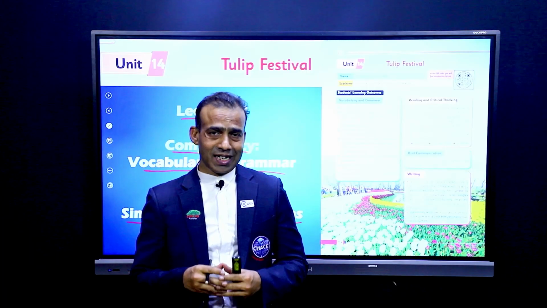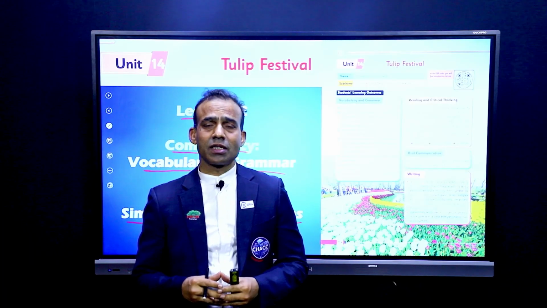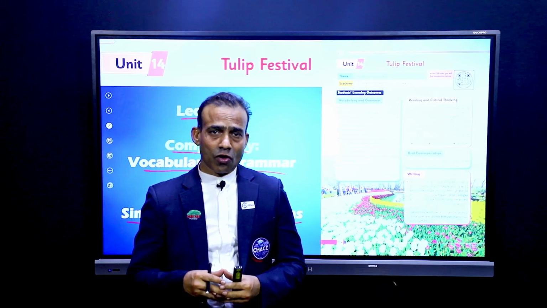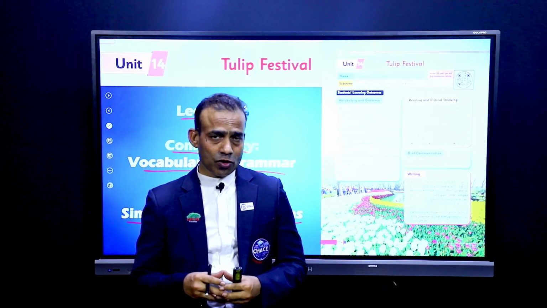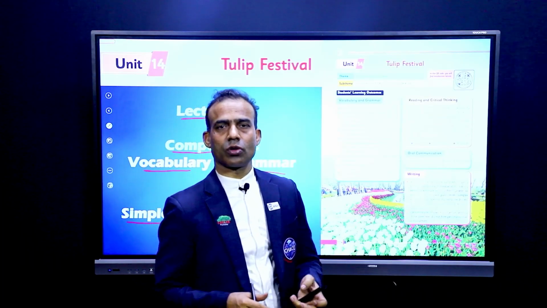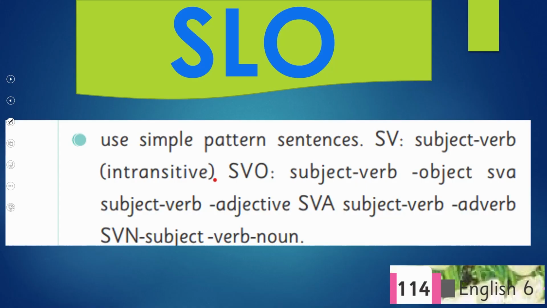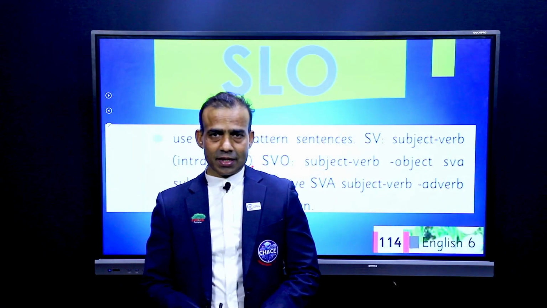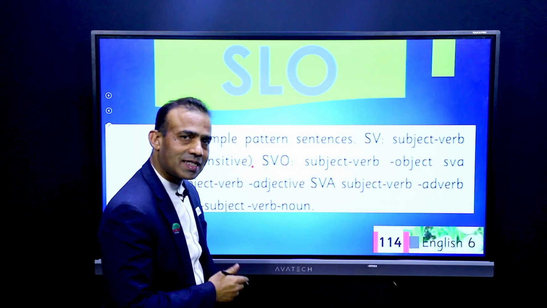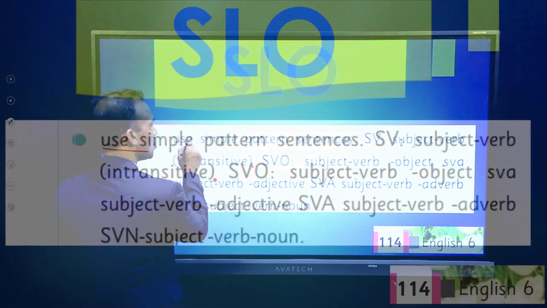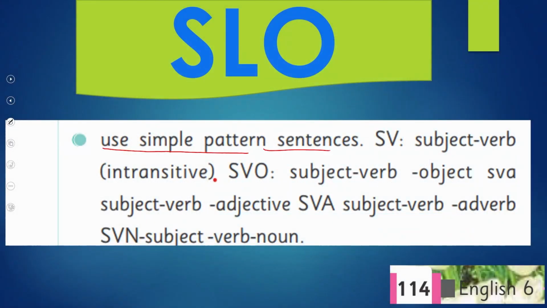Before we understand and discuss simple sentence pattern, we first have to look at the SLO. This is the SLO. Now let's discuss this SLO. Use simple pattern sentences, and the simple pattern sentences are here. First one is SV, that is subject verb, intransitive. It means subject verb without object.